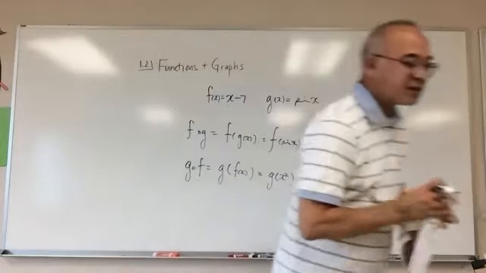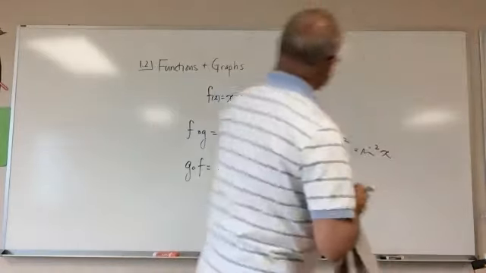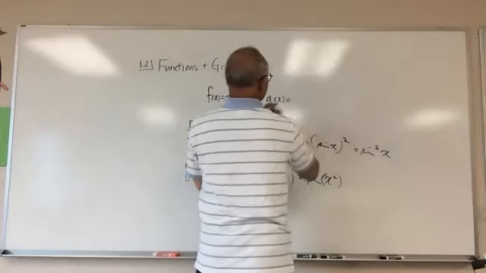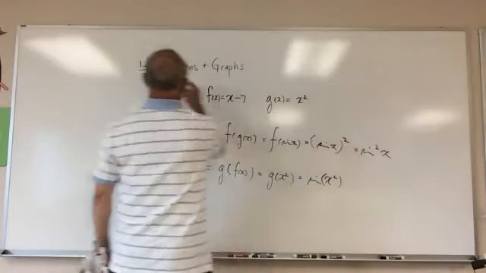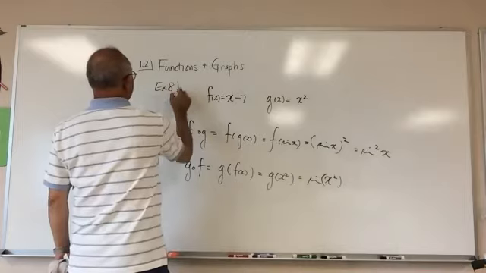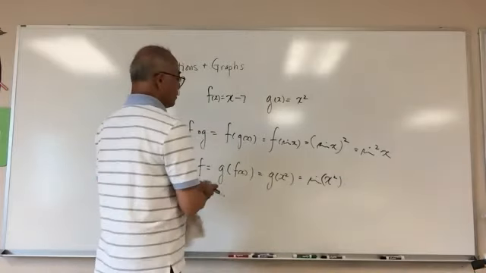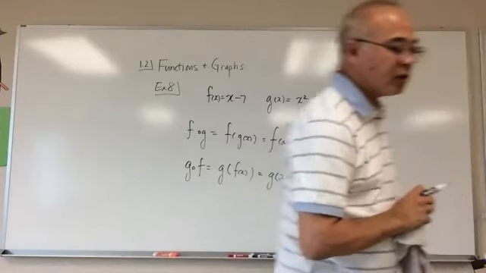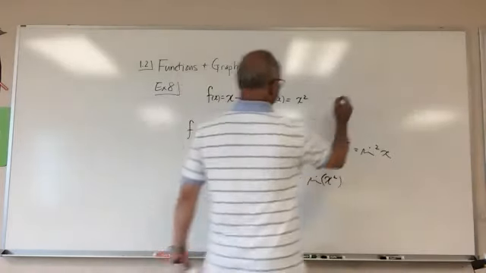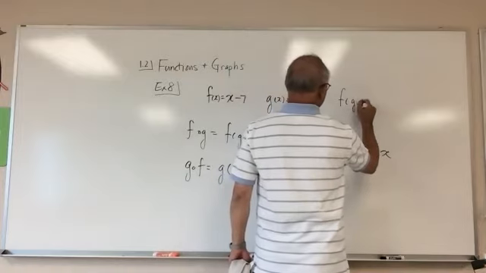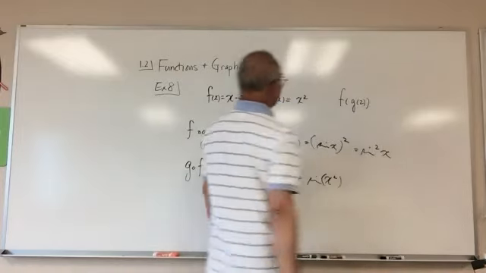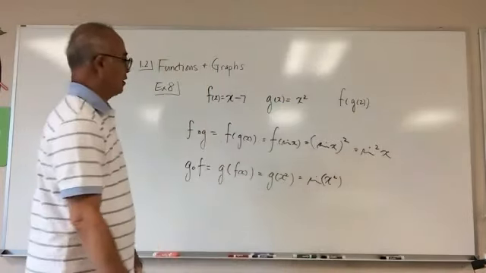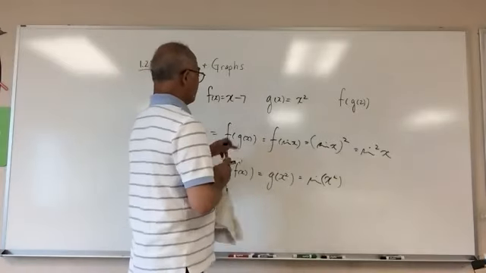G of x is equal to x squared. By the way, this is example 8. So we're looking for what? F dot g of 2. So we want to find f of g of 2 like that.